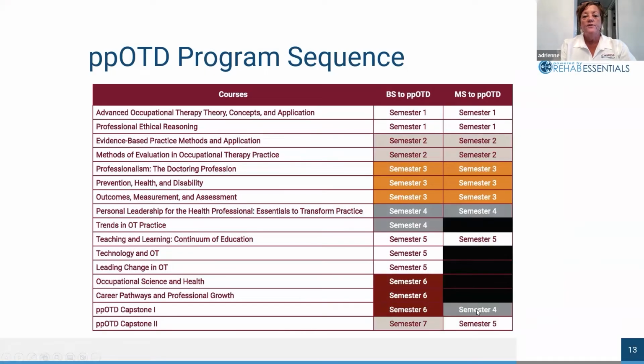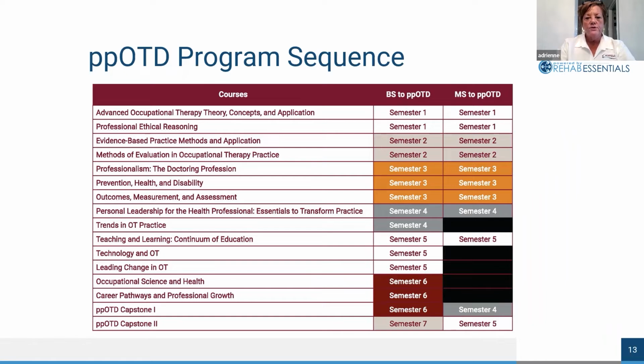This is a nice visual to let you have a look at what, in fact, the courses are that we've put together. The middle column there shows the courses that a student would be taking who comes in with a bachelor's degree and is advancing towards the post-professional OTD. And the last column shows the courses that would be necessary as you advance from a master's to a post-professional doctorate.